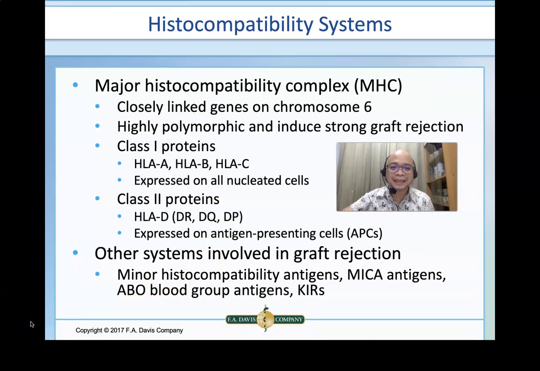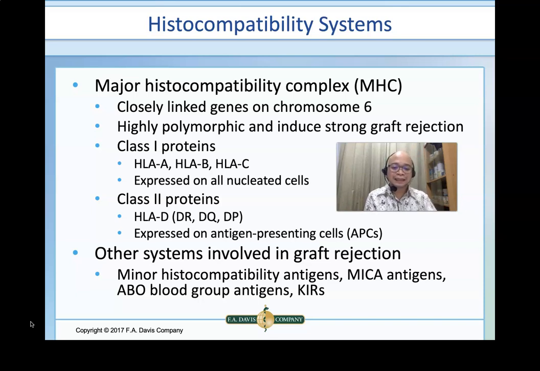The MICA antigen is also known as the major histocompatibility complex class 1 chain-related A molecules. Let me say it again: the major histocompatibility complex class 1 chain-related A antigens or molecules.